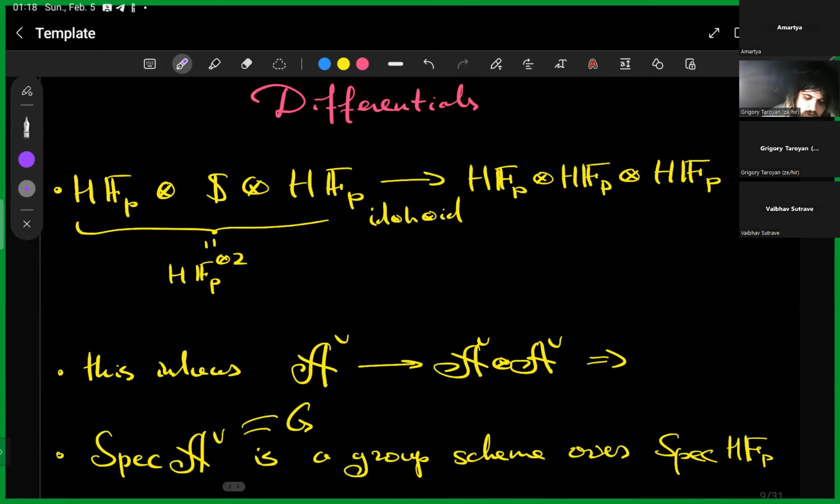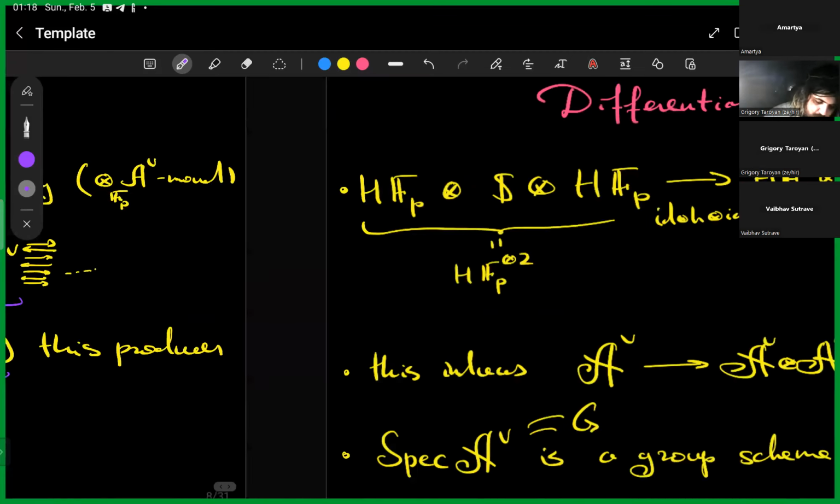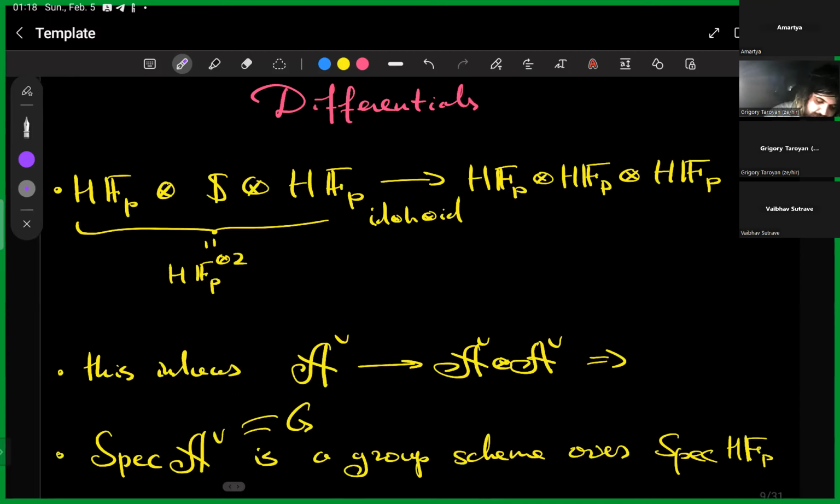And how precisely do these cosimplicial maps work? Well, first of all, we have a map like this, which is induced by the Fourier homomorphism, or Fourier map. So we have a map from the two-fold tensor product to the three-fold tensor product.